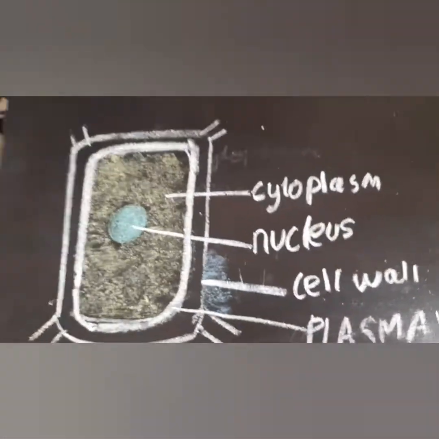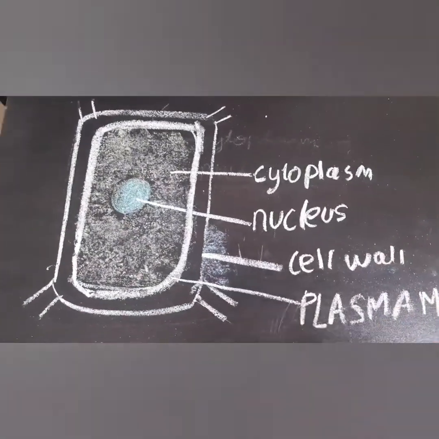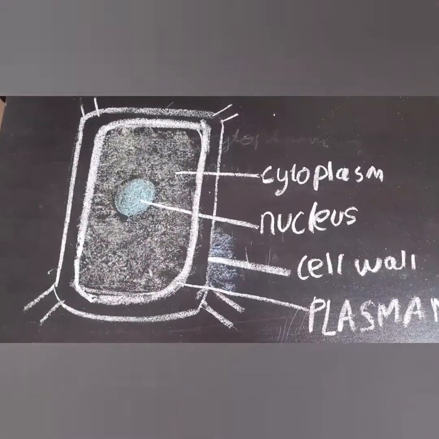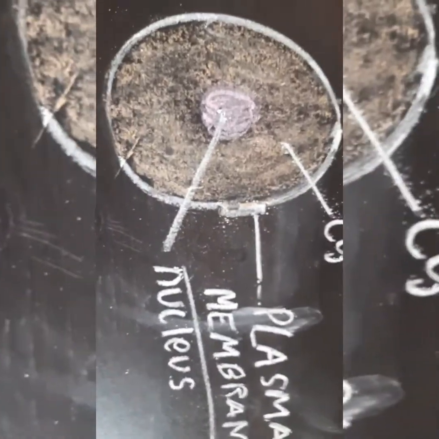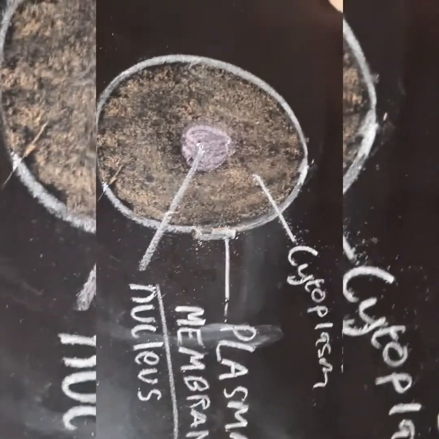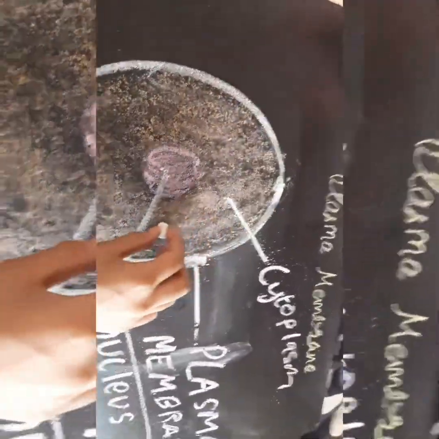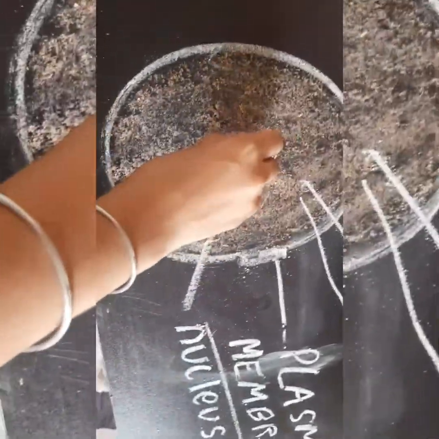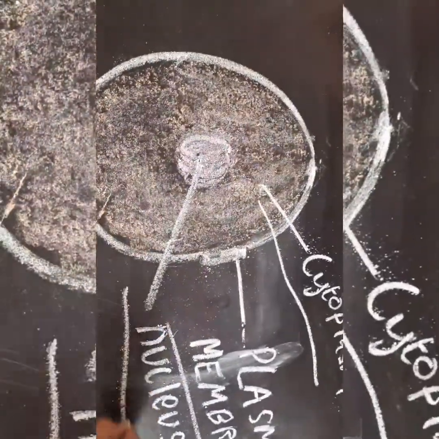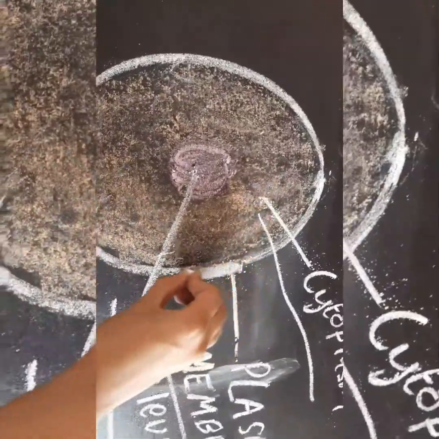This was the basic diagram which we have learned in the previous classes. Now let's see the diagram of animal cell. Here is the basic diagram of the animal cell. The jelly-like substance is the cytoplasm. The round circle-like structure is the nucleus, and our topic is plasma membrane.